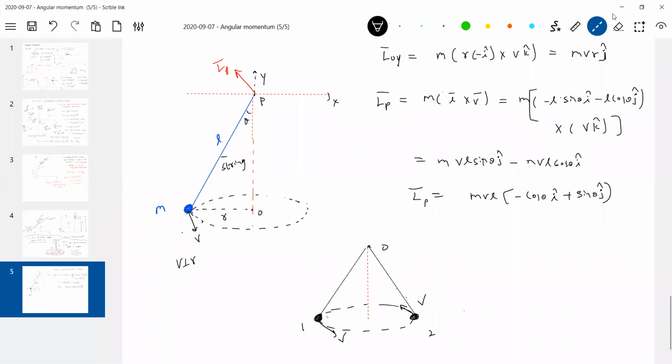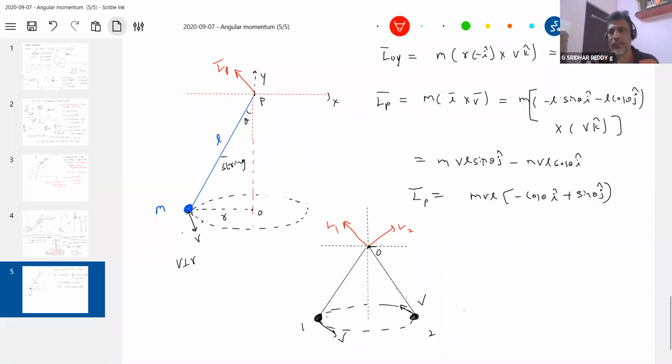Now, first at 1, L bar will be directed somewhere here. When the bob is at 2, the L bar will be directed like this. Like that, what happened to that L bar? L bar vector is going to rotate. It'll be like this. So if this is the axis, it's going to rotate here.